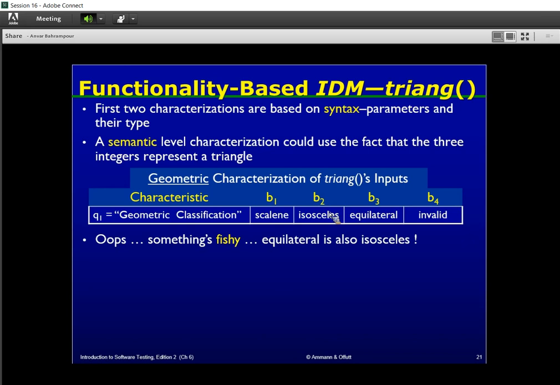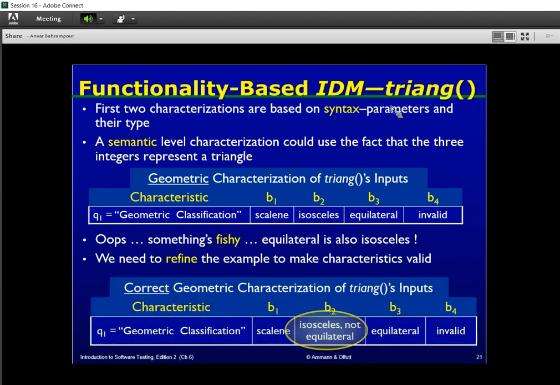Okay. So we should revise this partitioning as this partitioning. In this partitioning, we consider 4 blocks of our input domain. The first one is the same as the previous partitioning.